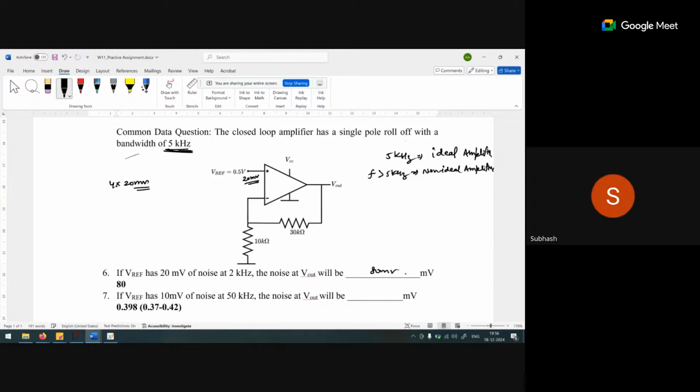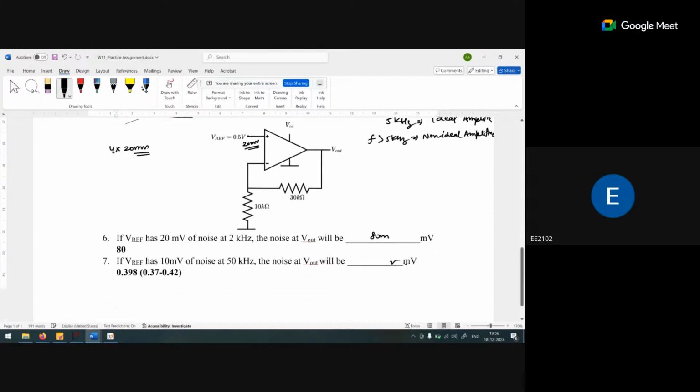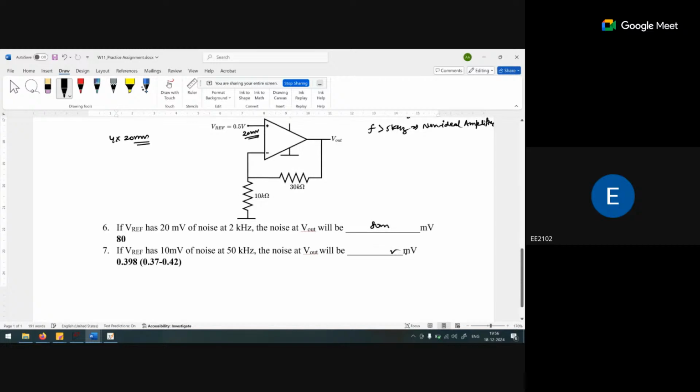How is it 80 millivolt? Because the gain is 1 plus RF by R1 times V in, that is equal to V out. RF is 30 and R1 is 10. So it is RF upon R1, 3 plus 1, 4 multiplied by V in. So 20 millivolt multiplied by 4 is 80 millivolt.